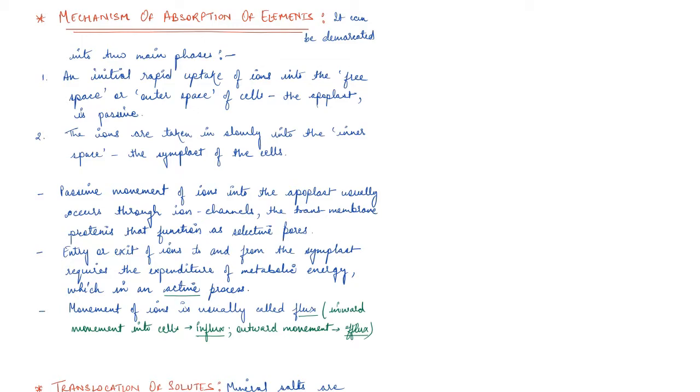So, guys, what does it mean by absorption? Basically, till now we have seen what minerals are required by plants to perform various functions, but we did not discuss how they absorb these minerals. So absorption of these elements is carried out in different types of cells, tissues, and organs.